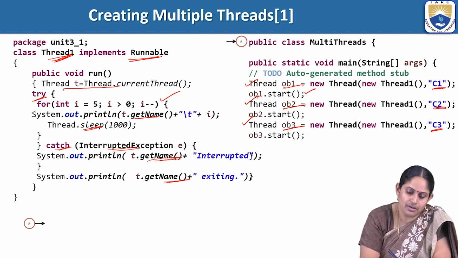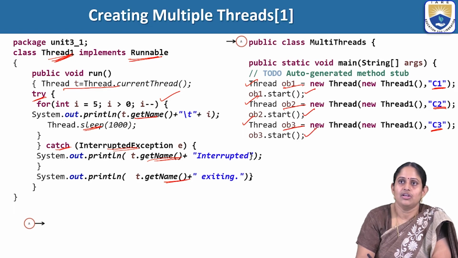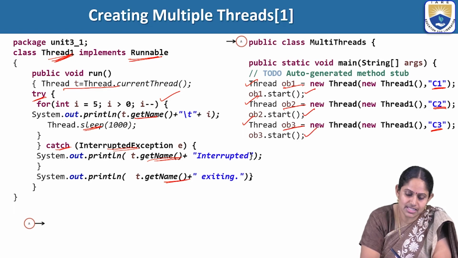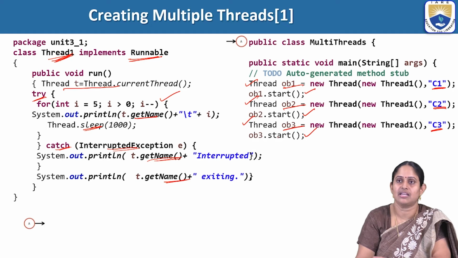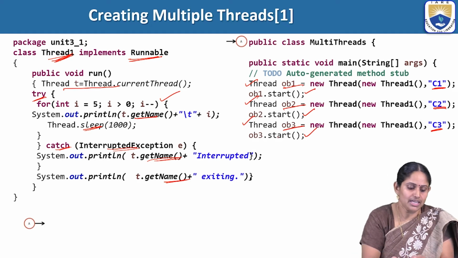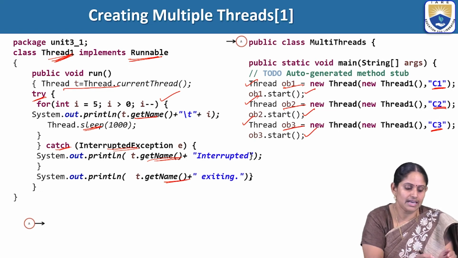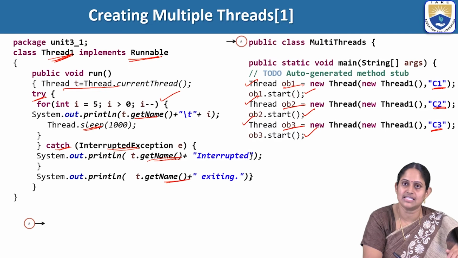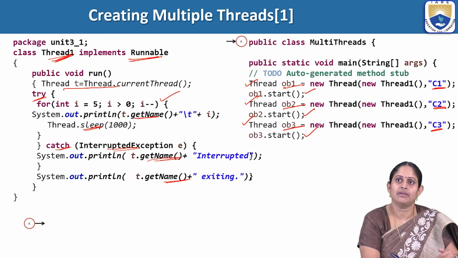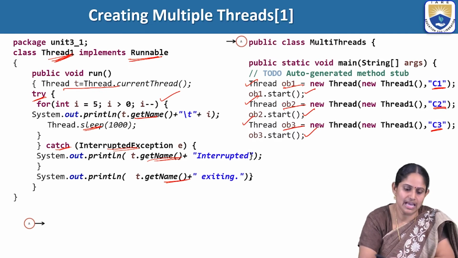Then we are calling the start method. Once we call this start method, the child thread will be created. Now let's see how this will happen.